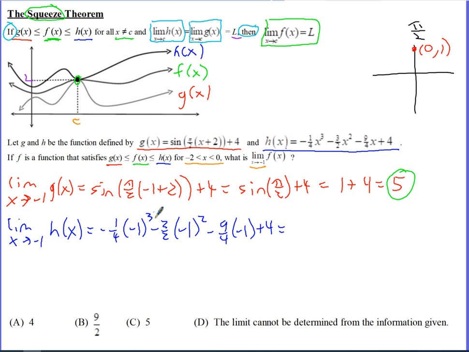So negative 1 cubed is negative 1 times negative 1 fourth, makes that a positive 1 fourth. Negative 1 squared is 1 times negative 3 halves, stays negative 3 halves. Negative 1 times negative 9 fourths is positive 9 fourths, and then plus 4. And then if you just get a common denominator of 4, you've got 1 fourth minus 6 fourths plus 9 fourths. Multiply 4 by 4 over 4, that's the same as 16 fourths.